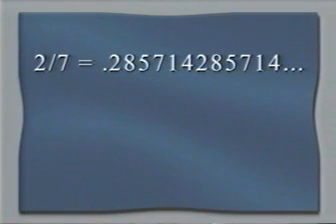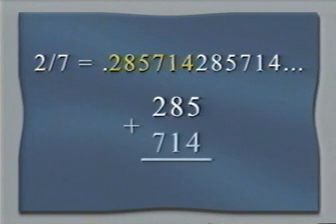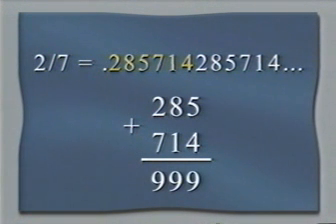Now, there's another interesting fact about the decimal representations of sevenths. If you take the 6-digit cycle, for example, 285714, which is your 2/7 cycle, and split these 6 digits into 2 groups of 3 digits, 285 and 714, and add those 2 numbers up, you get 999.